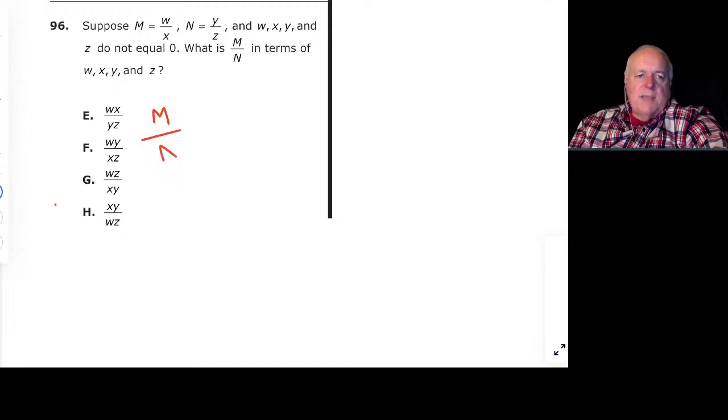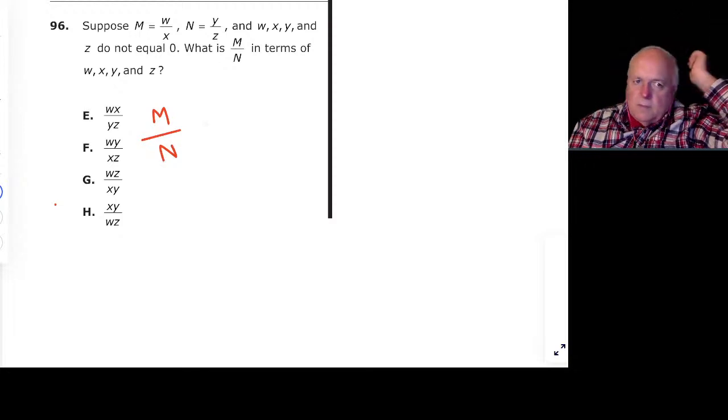And then let's substitute it. We already know m is w over x. And we know that n is y over z.